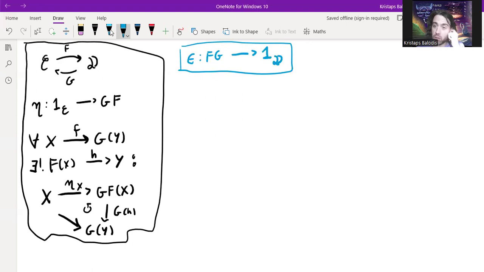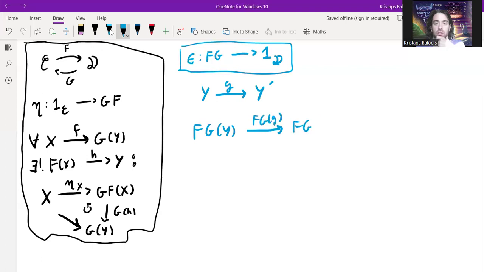I should give you a collection of maps, one attached to each object Y of my category, such that for every morphism in my category, I get a commuting diagram where this is FG of Y and FG of Y prime, and these go down to Y and Y prime, and I have a morphism here.